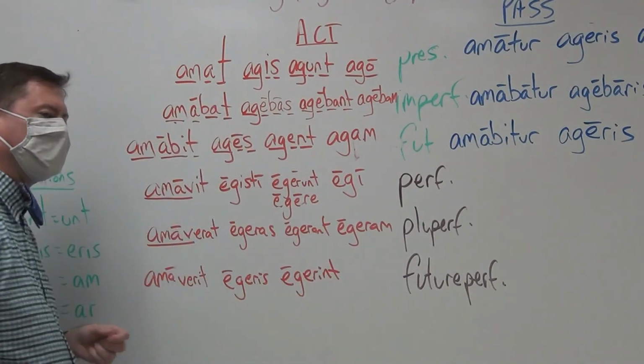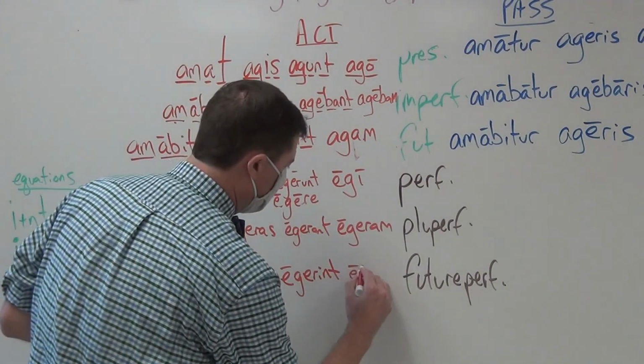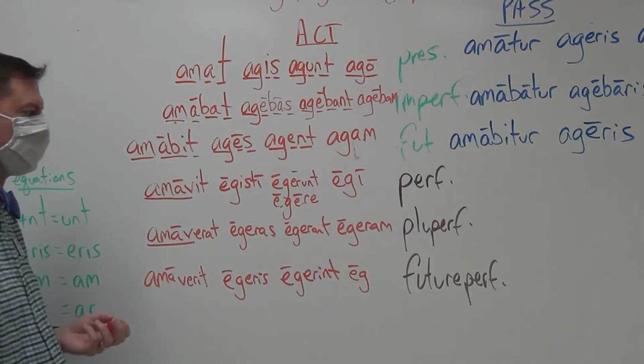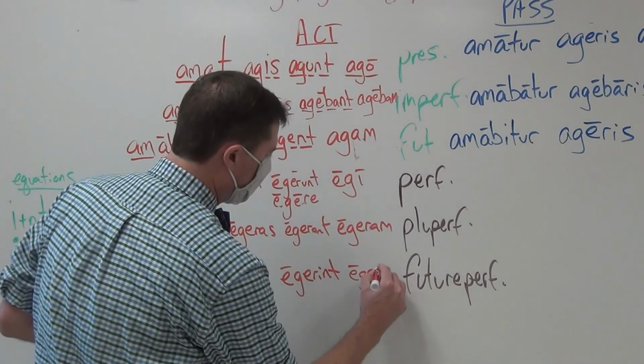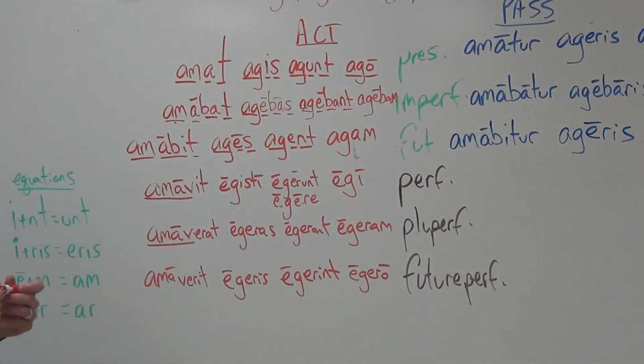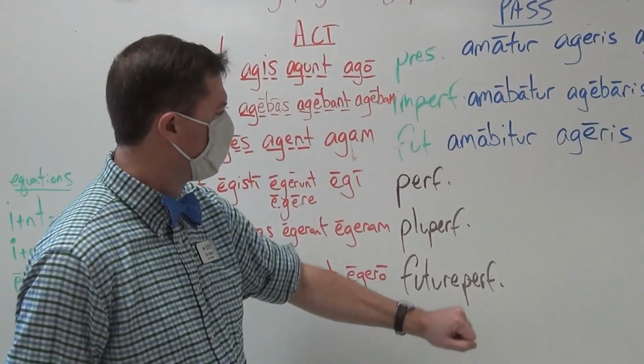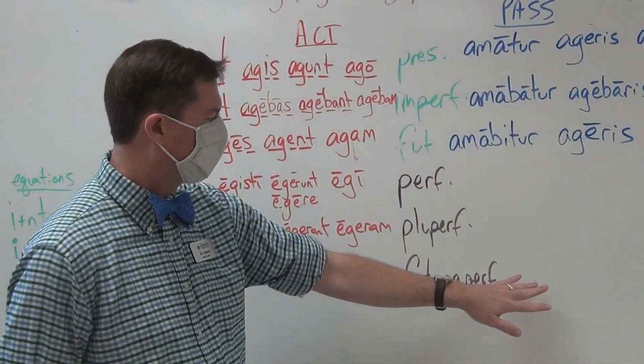When it's the ending, int. And then over here, eg, ero, eris, erit, erimus, eritis, erint. But here it will be ero. Now, what we are going to do is learn for the first time the perfect passive, pluperfect passive, and the future perfect passive.